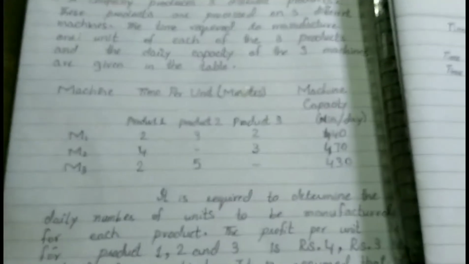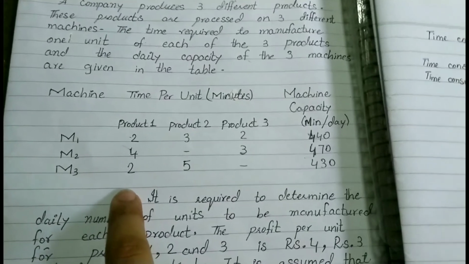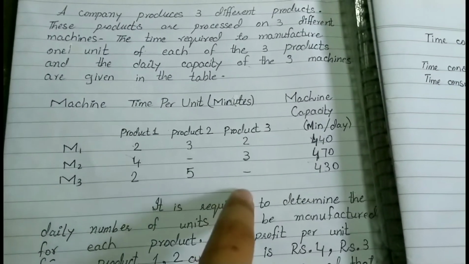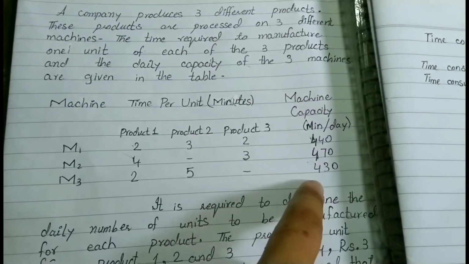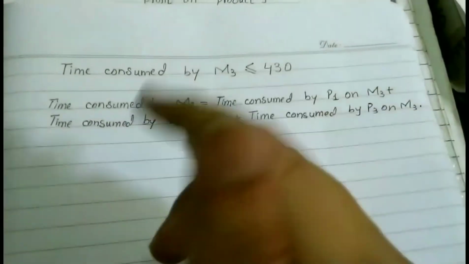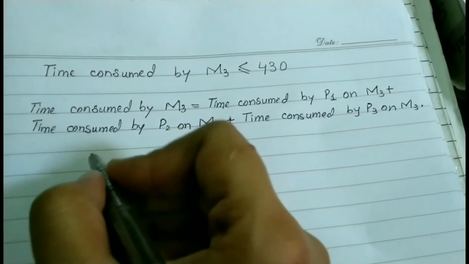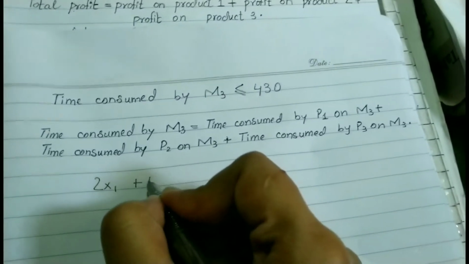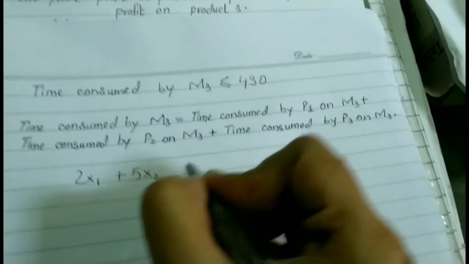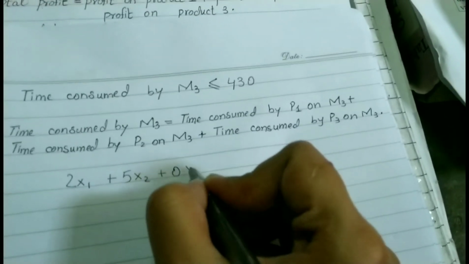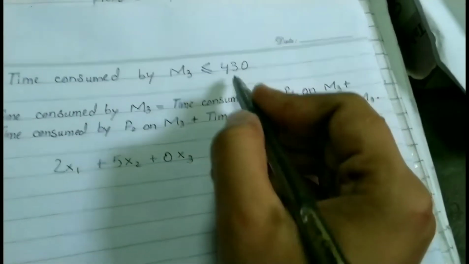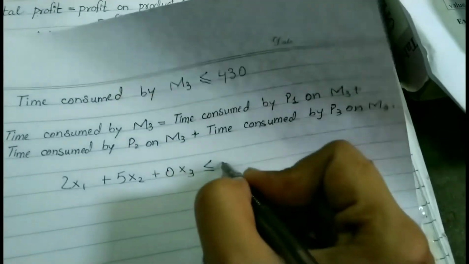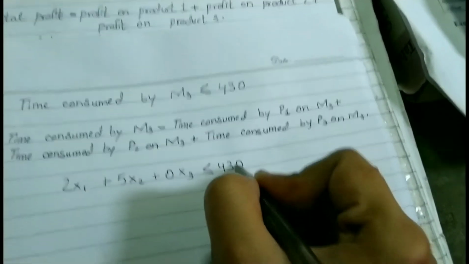Time consumed by product 1 on M3 is 2, product 2 is 5, and product 3 is 0, and it should be less than or equal to 430. So I'm going to write it as 2x1 plus 5x2 plus 0x3, and it should be less than or equal to 430.